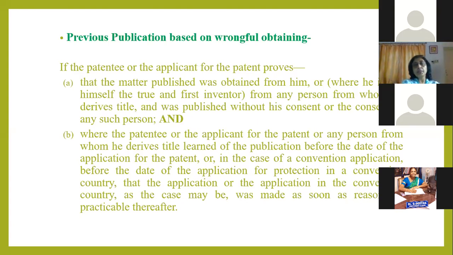So if somebody has taken it from me and published before I applied, and when I come to know about the publication I go and apply for the patent, I can show that, look, I didn't know he had taken it, and immediately when I found that he had taken it, I applied for the patent, and he has wrongfully obtained it.